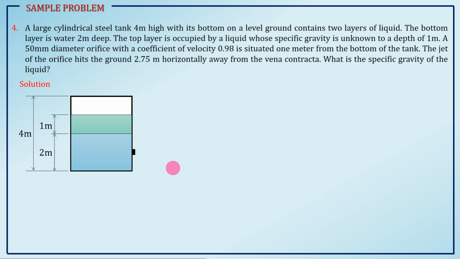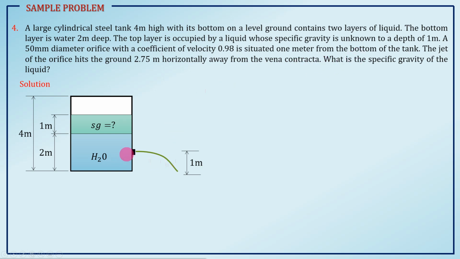A 50 millimeter diameter orifice with a coefficient of velocity of 0.98 is situated 1 meter from the bottom of the tank. The jet of the orifice hits the ground 2.75 meters horizontally away from the vena contracta. What is the specific gravity of the liquid?